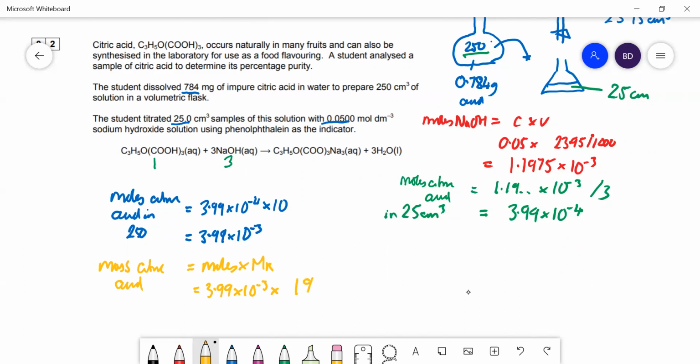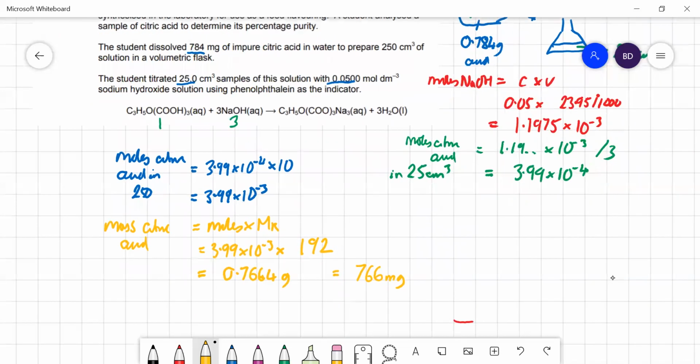So do that and you get an answer of 0.7664 grams. Now it wants you to work it out into milligrams, multiplied by 1,000. Let's give it to 3 significant figures because all the data is given to 3 significant figures. So that's 766 milligrams. All right, now we need that for the next question.